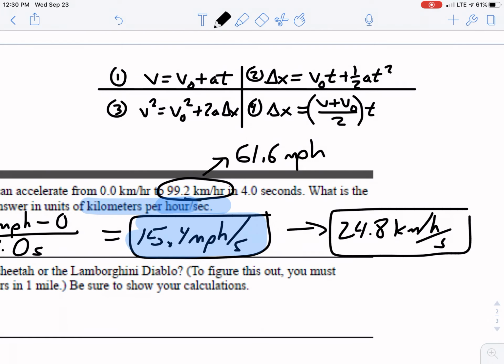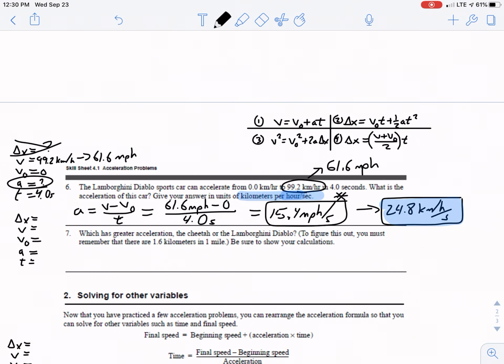So that really is the answer we should have for this question, but I'm getting a little ahead of myself because this answer in particular is what I'm going to use for question 7 to make a comparison. In question 7, which has a greater acceleration, the Cheetah or the Lamborghini Diablo? To figure this out, you must make sure that you're in the same units.